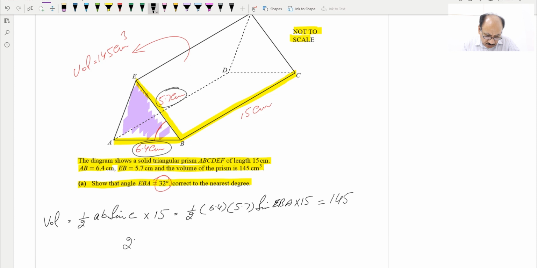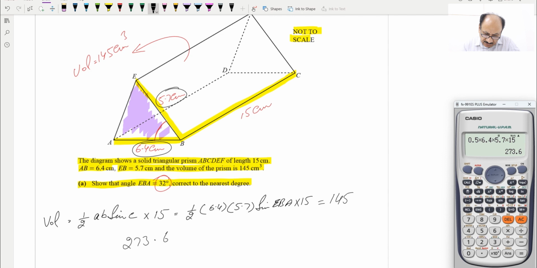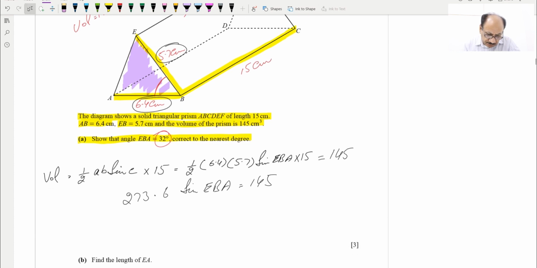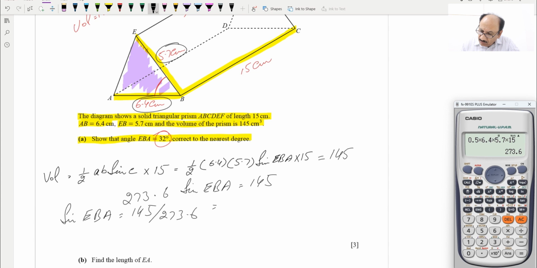So we can write 273.6 sine of EBA is equal to 145, and further we can send this to other side, and this will be sine of EBA is equal to 145 divided by 273.6.